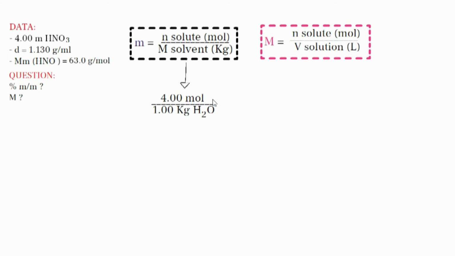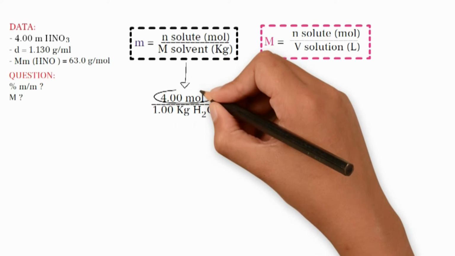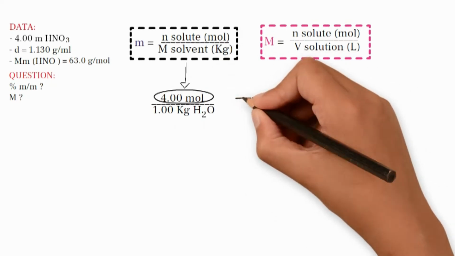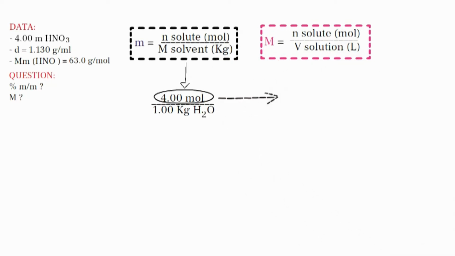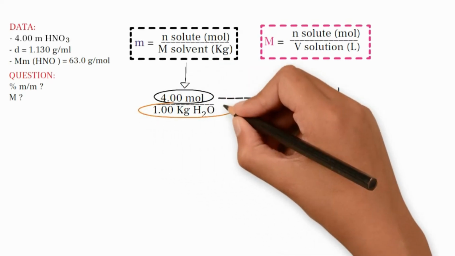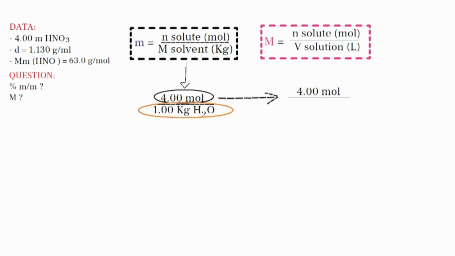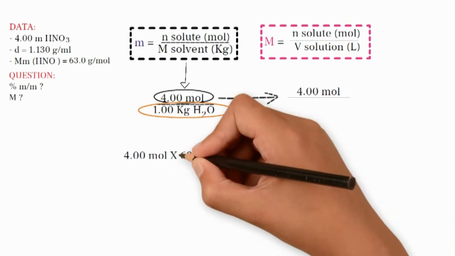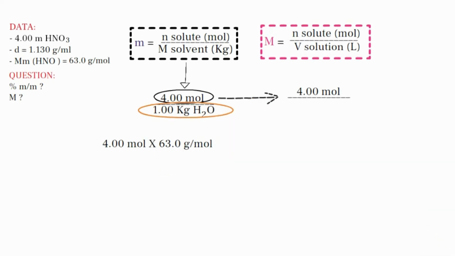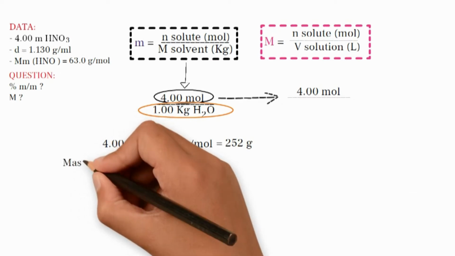The mole of solute we have already, it's 4, so let's write it. 4 mole of solute. Now we need to know the volume of solution, but some of the job we have already done, because we know that we have 1 kilo of solvent, and we know already that the mass of solute is 252, because we calculated it before.